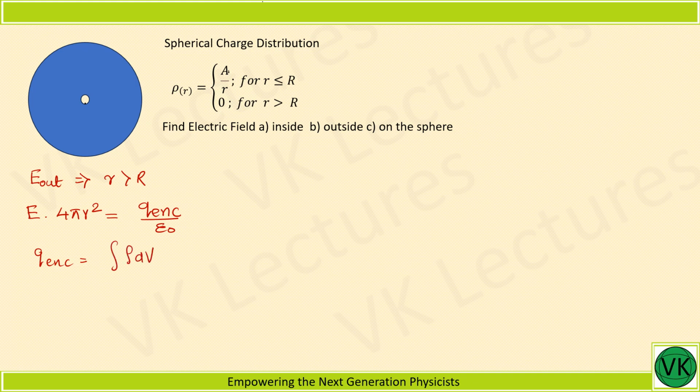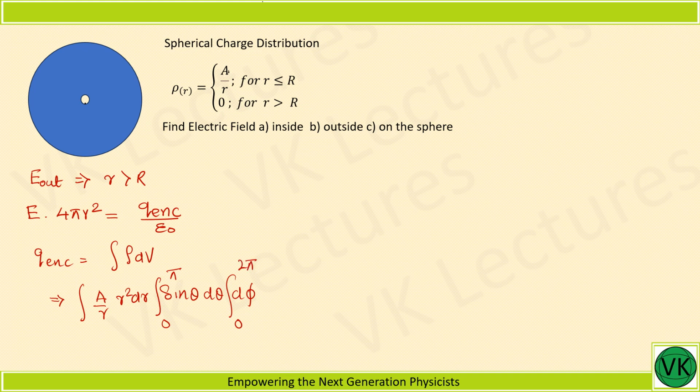Now integrating, integral A by r square dr sine theta d theta d phi. Now this sine theta integral is from 0 to pi and d phi integral is from 0 to 2 pi.